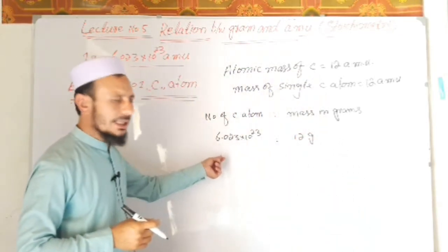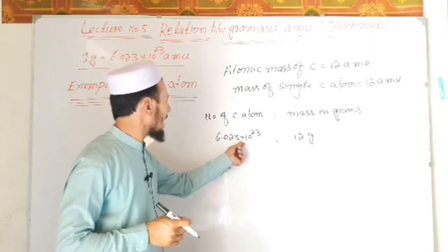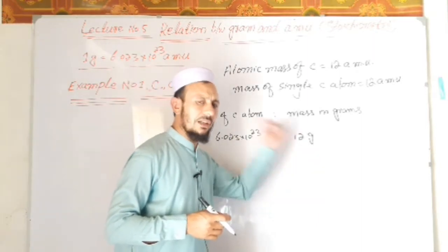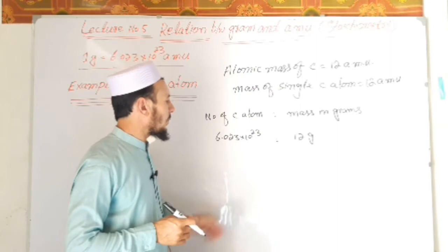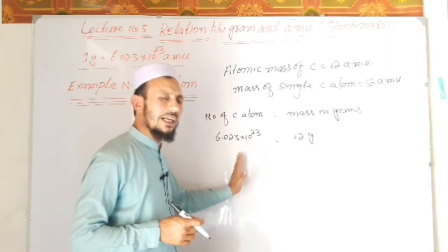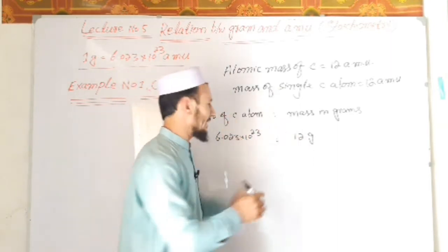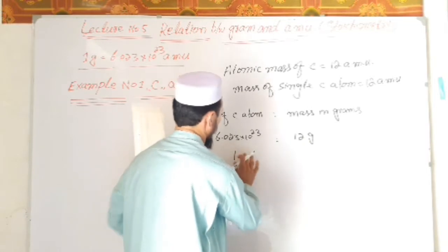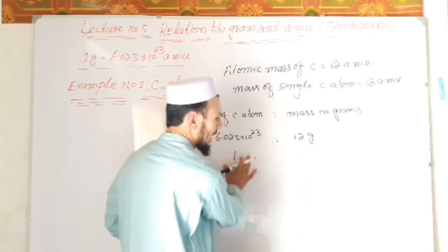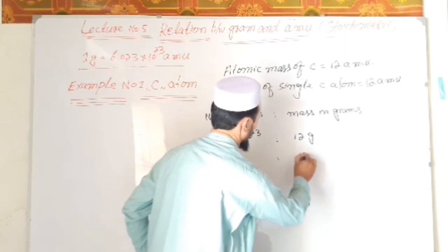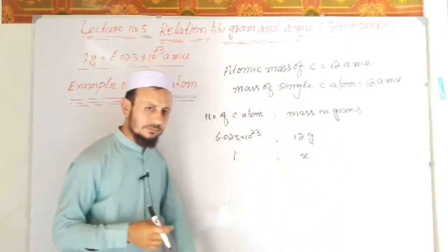It means that the mass of Avogadro number of carbon atoms is equal to 12 gram. Then what will be the mass of a single atom of carbon in grams? One atom of carbon, mass of one atom of carbon is equal to x gram.